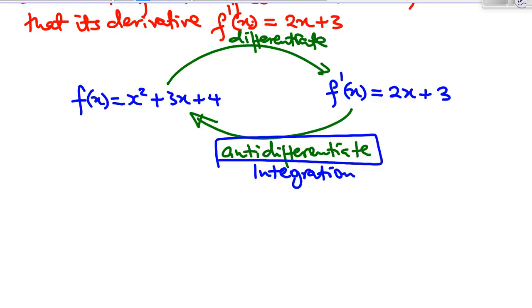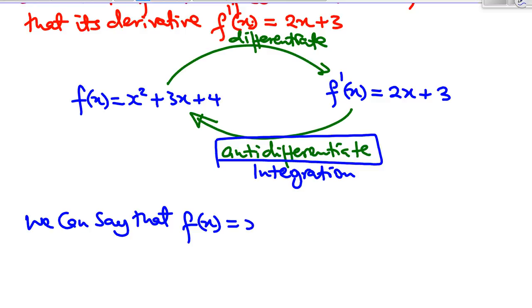So from this diagram, we can summarize a few things here. We can say that the original function, f of x, is an antiderivative of the derivative function.